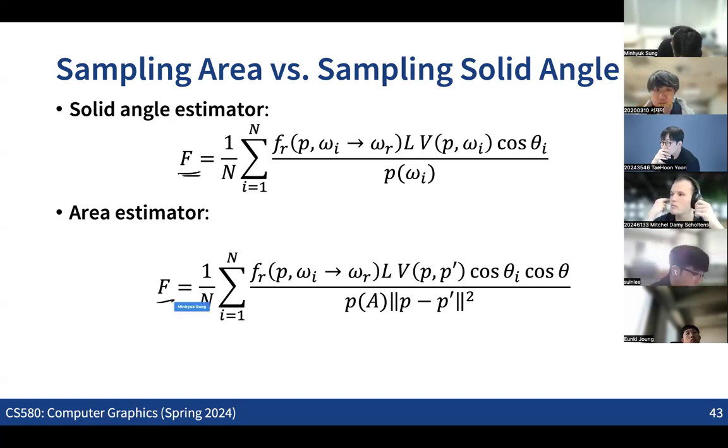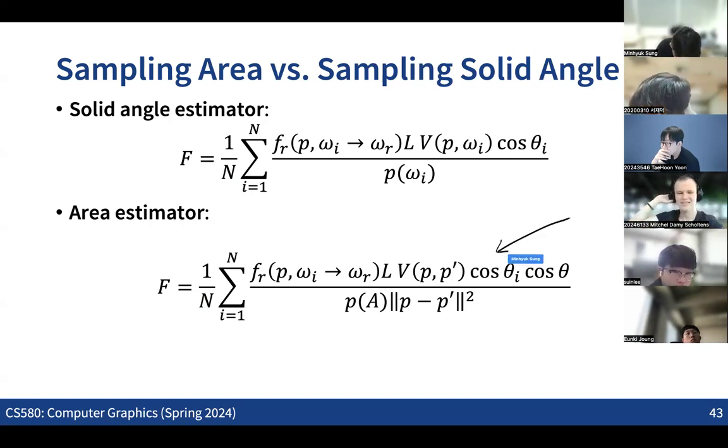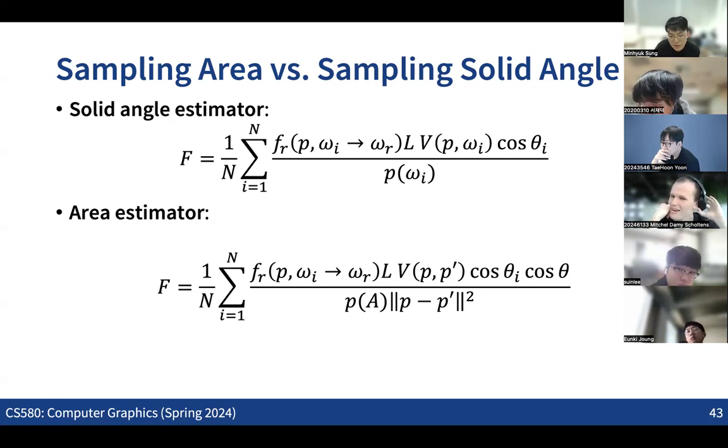And this is the case where we have an estimator for the same equation, not by sampling the solid angle, but by sampling the points over the area of the light source. This can be a more effective way, because all the points that we are sampling over the light source will contribute to the computation of the illumination.